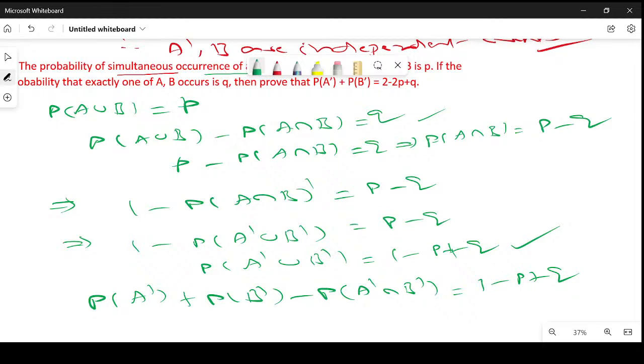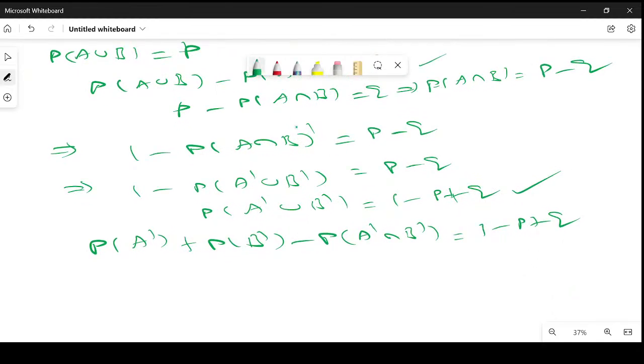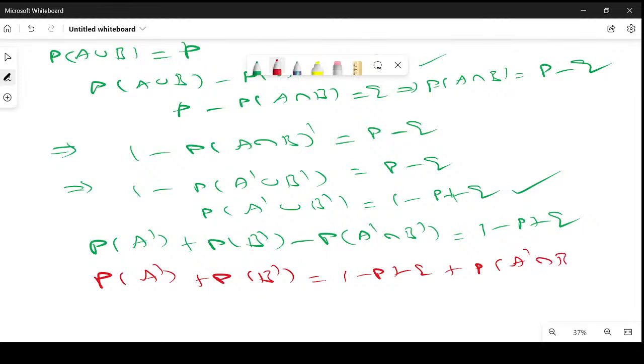So P of A complement plus P of B complement, which is required, I can keep on the left side. It is equal to 1 minus P plus Q plus P of A complement intersection B complement.